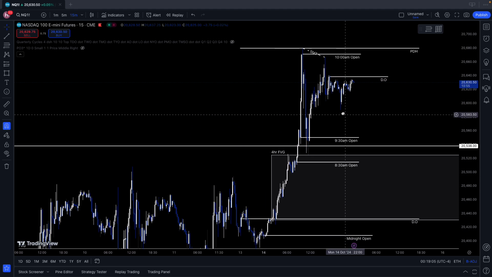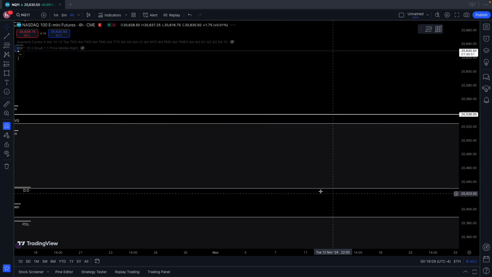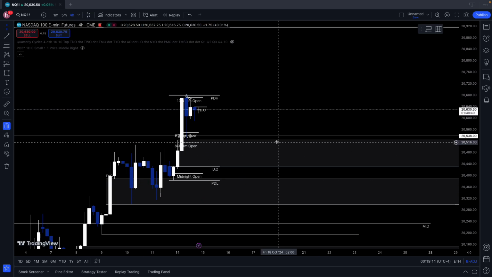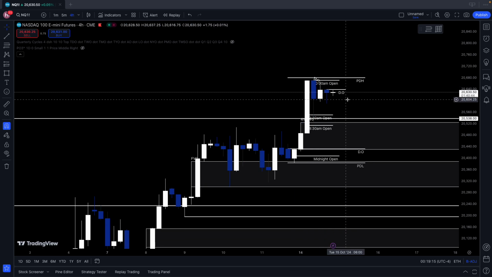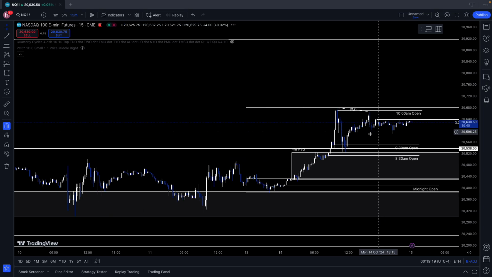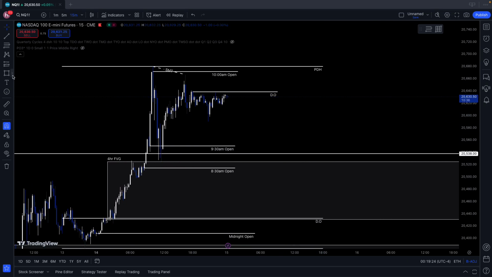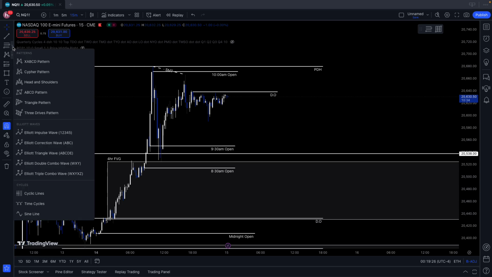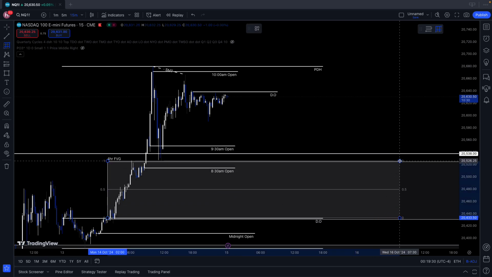So what I'm looking at coming into tomorrow is today we formed a 4-hour imbalance right here, which is a discount of this price range. So what I want to see happen is if the overnight session trades off these SMTs lower, ideally into consequent encroachment into this 4-hour right here.